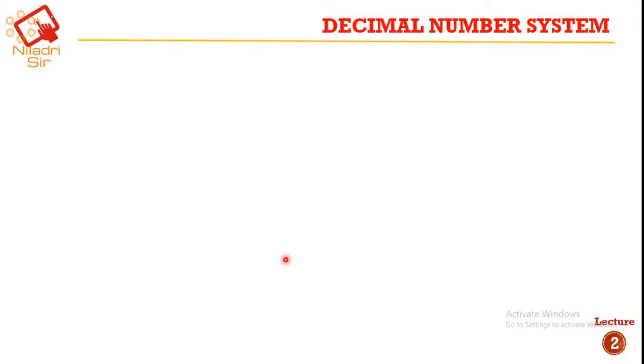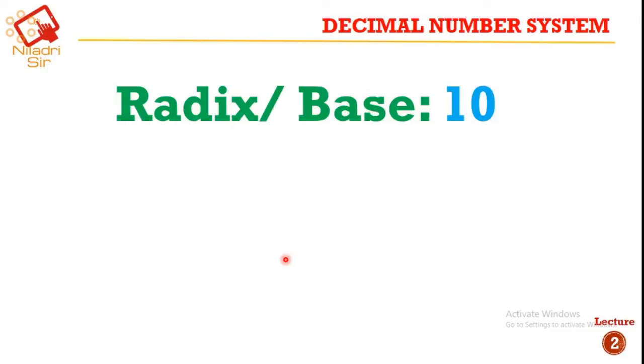Now check the different types of number systems. Here you can see that in the decimal number system, the radix or base is 10. Why is the radix or base 10? Because the decimal number system has been made using 10 distinct digits, from 0 to 9. Suppose I want a decimal number, say 1043.